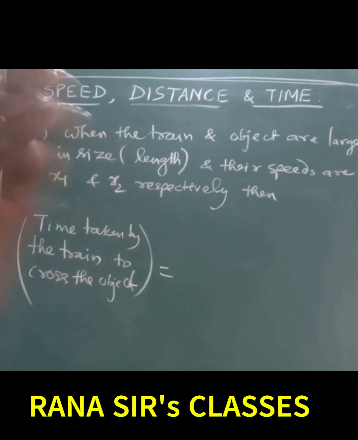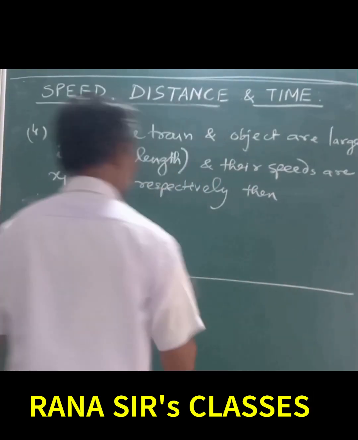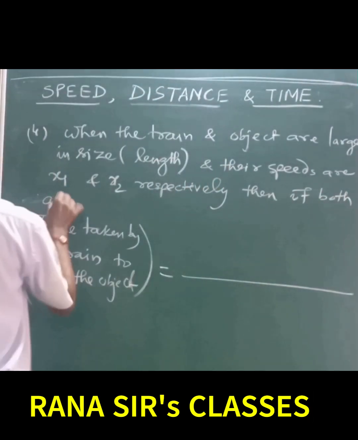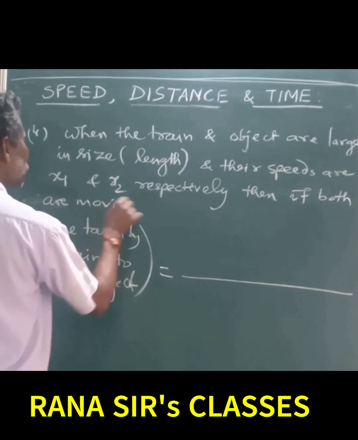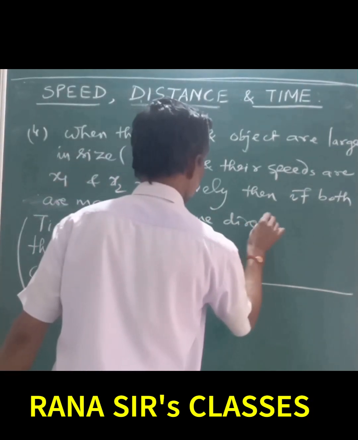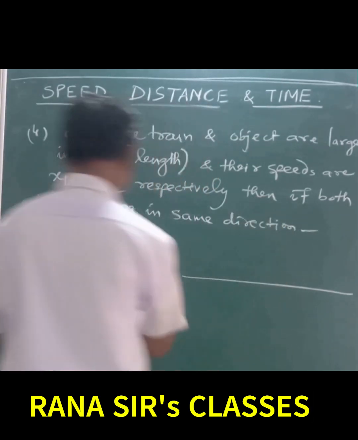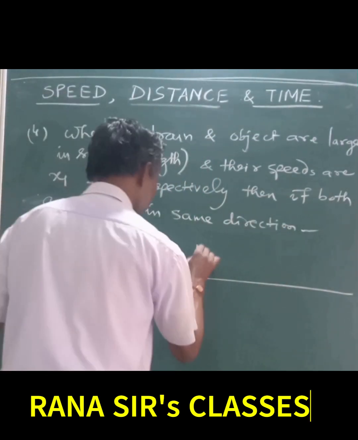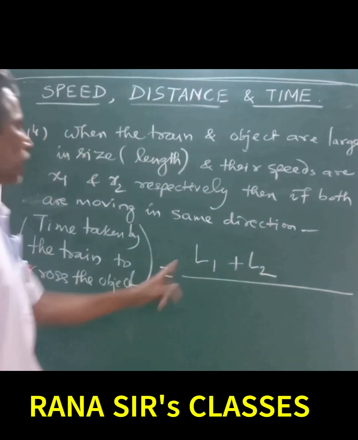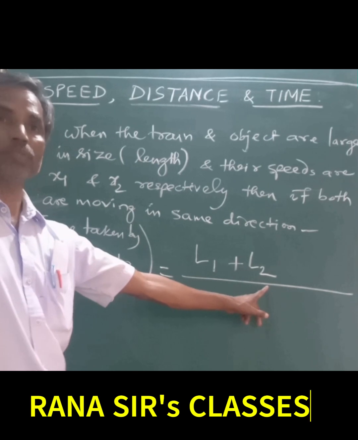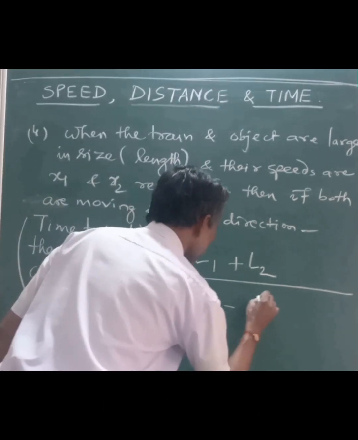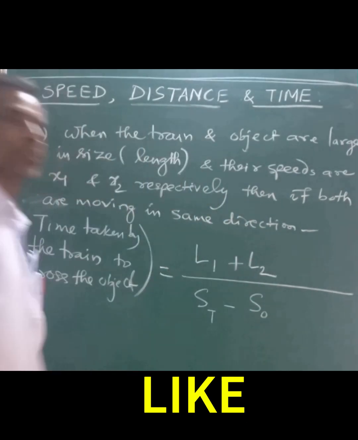If both are in same direction, if both are moving in same direction, then length L1 plus L2, that means length of train plus length of object, divided by speed of a train minus speed of object.